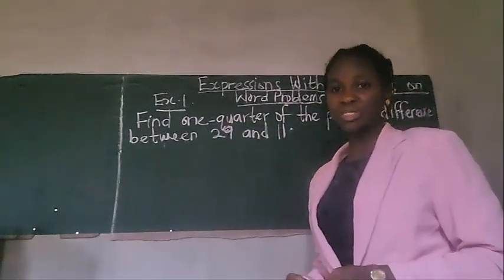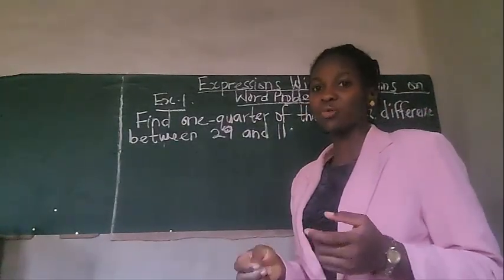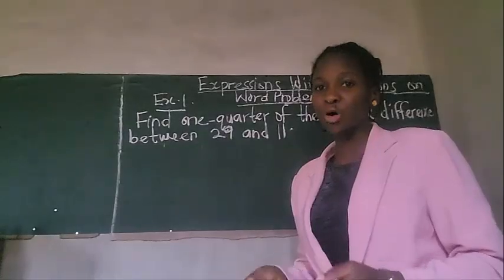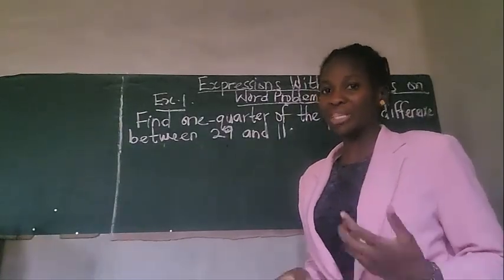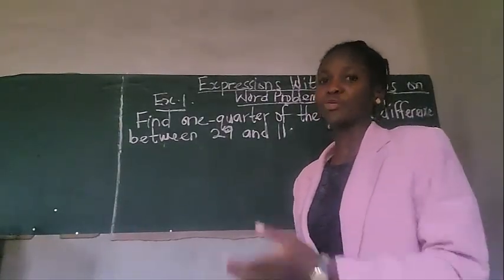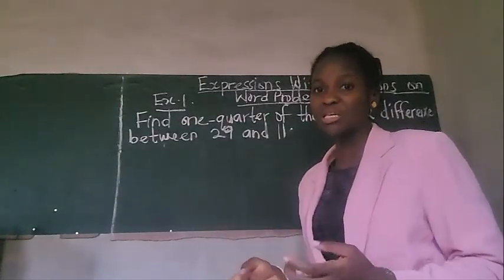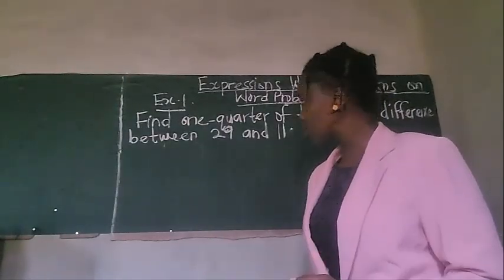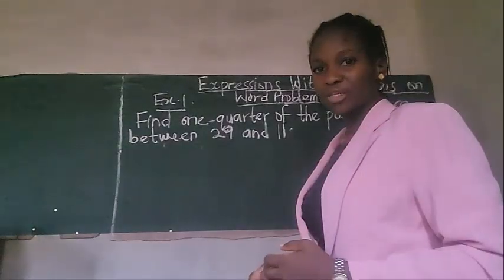And we've dealt with positive difference. We said positive difference is when you are subtracting a small number from a big number. That is, big number minus small number gives a positive difference. So let's analyze this question.